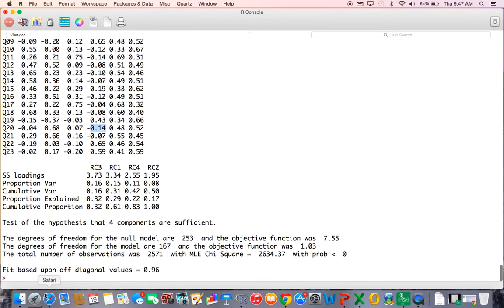So if you remember from the previous video, we can do the print psych, and we can do our PCA2, and we can set our cut. I'm going to set it a little bit higher here at 0.4 because our model really turned out pretty cool.